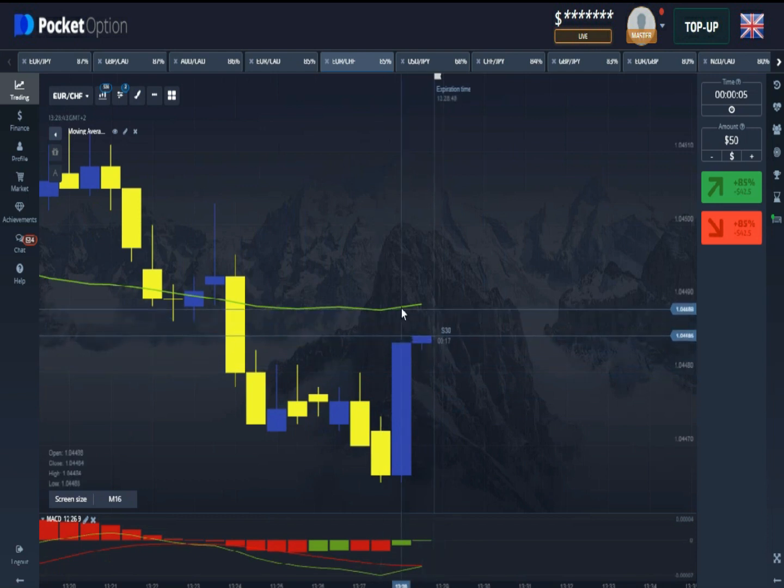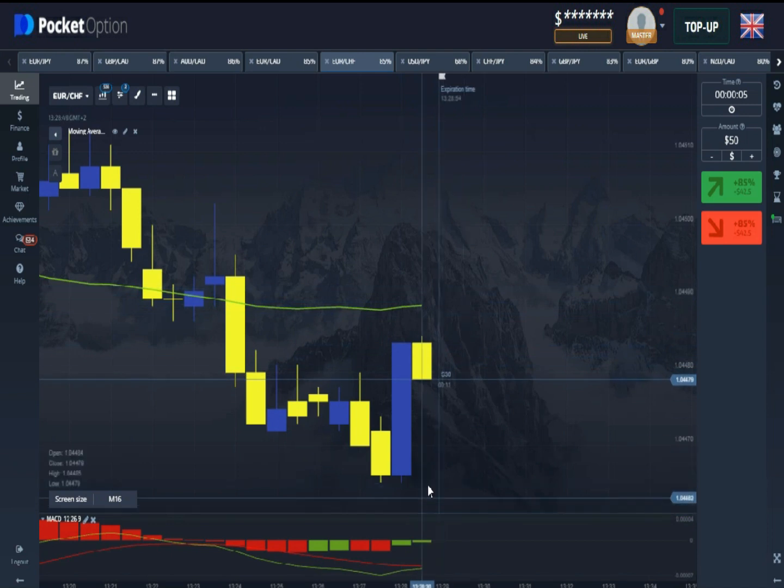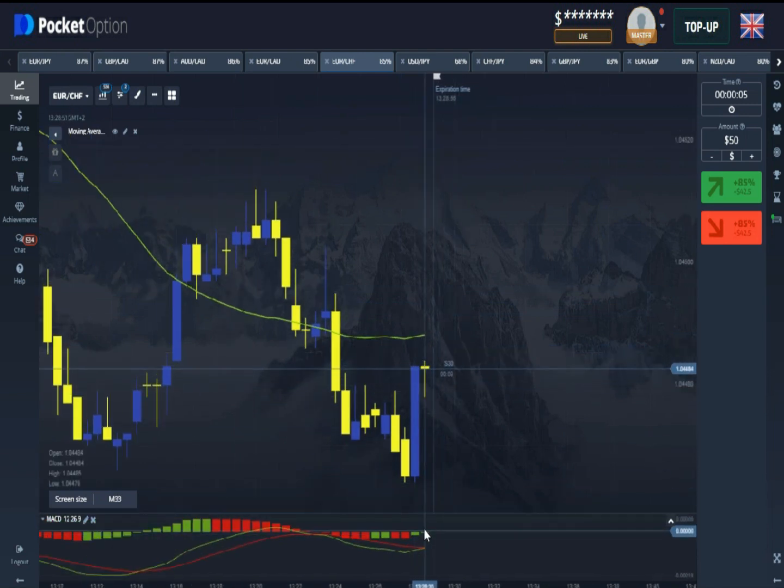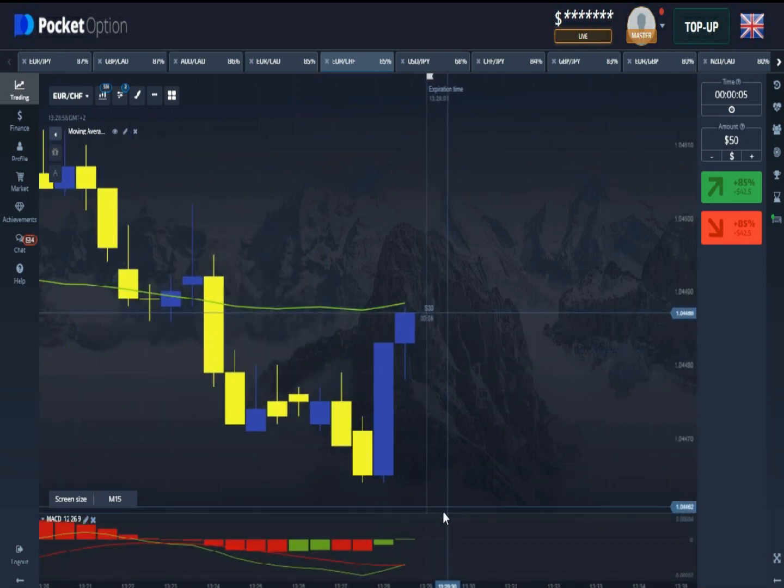So it's showing the 30 SMA. It's changing the trend, so let's see if it crosses and makes the above or not.